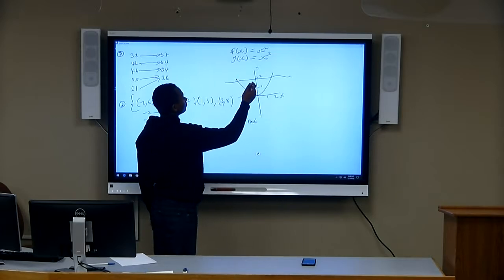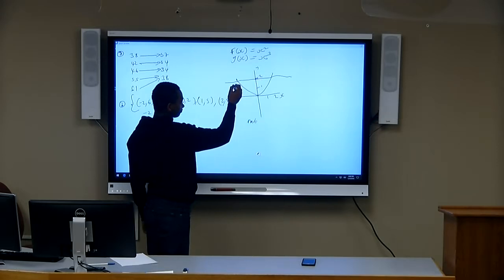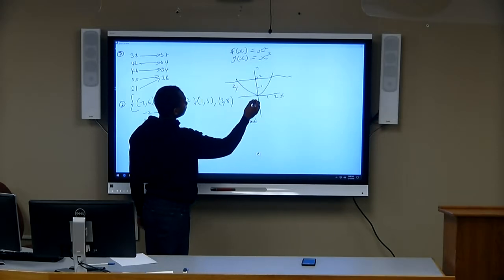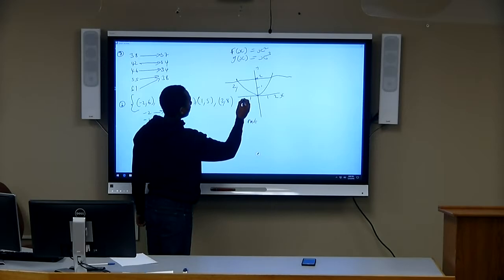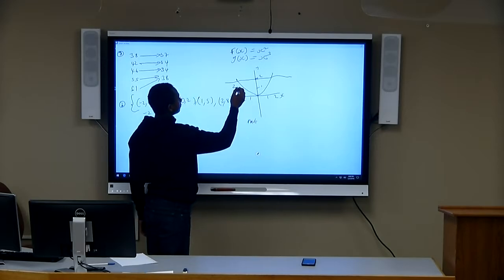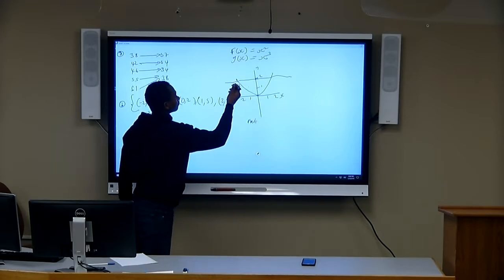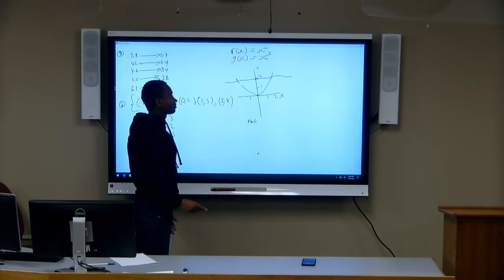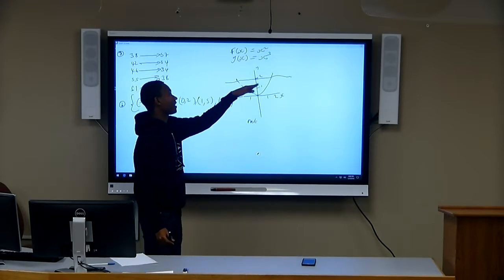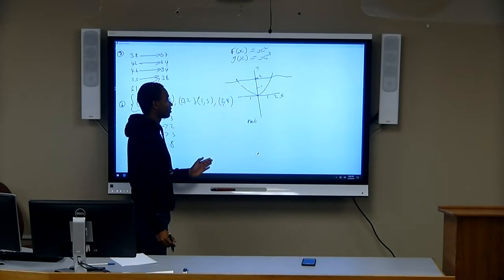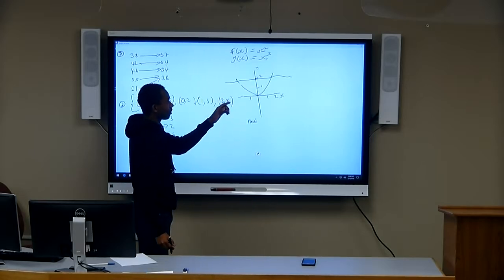If this point is 2, and here is 1 and -2, if the line passes twice, it's not a one-to-one function. So this is not a one-to-one function.